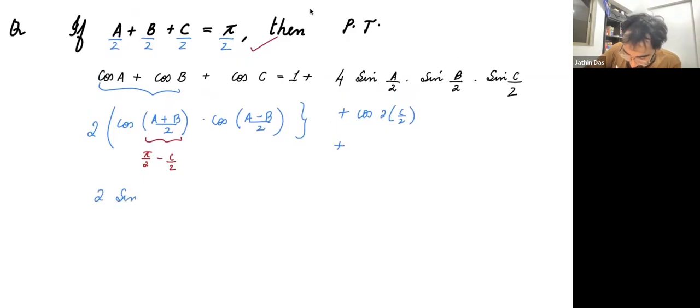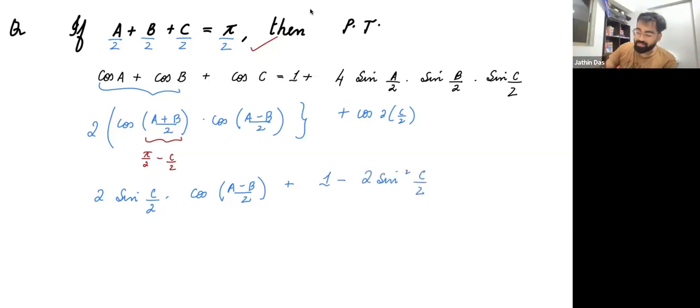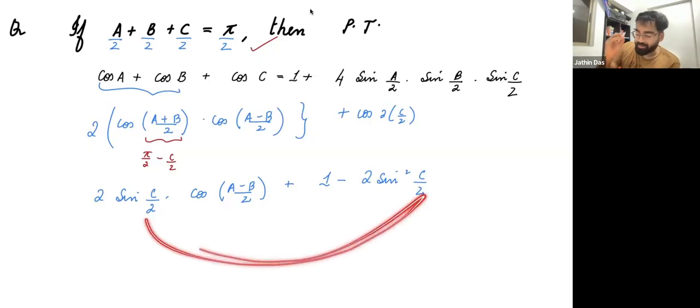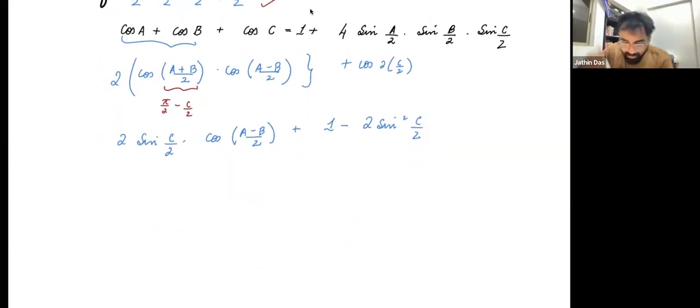So 2 sine c by 2 into cos a minus b by 2. Plus, then I'll think cos 2 theta, so I'll make it in sine form. So 1 minus 2 sin square c by 2. And then I'll take sine c by 2 common here like this. But your method also, I think you should get it. But it will be really tedious.